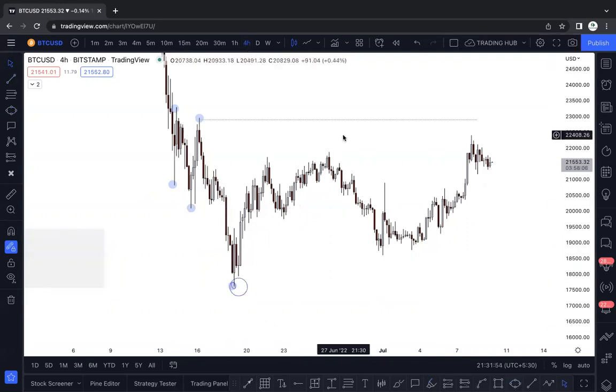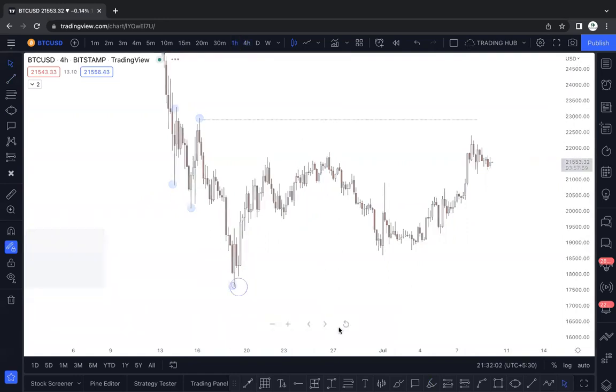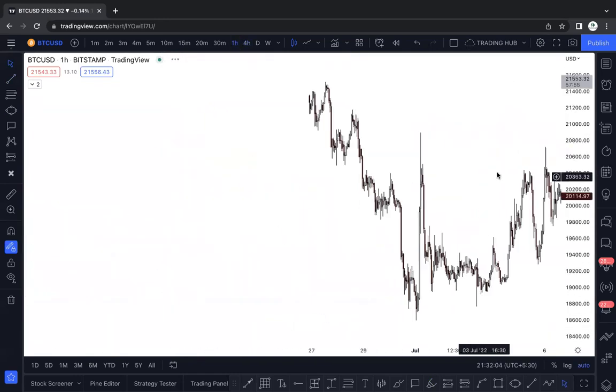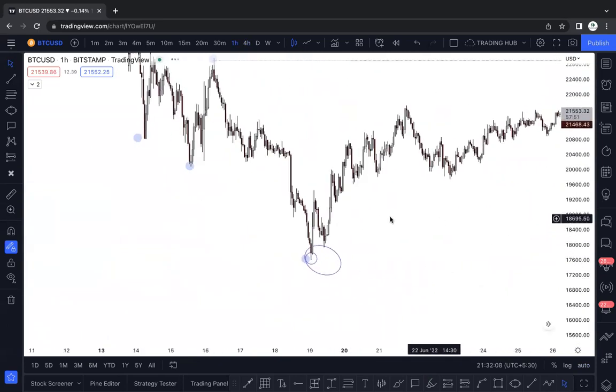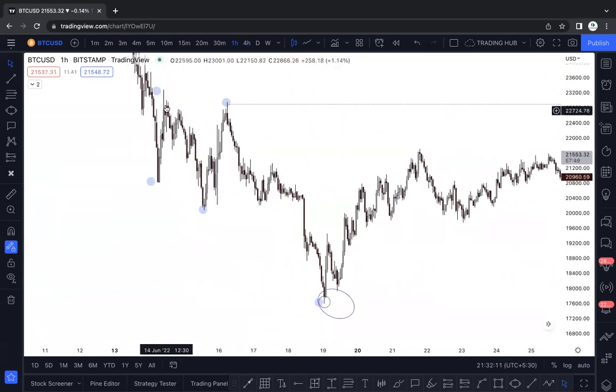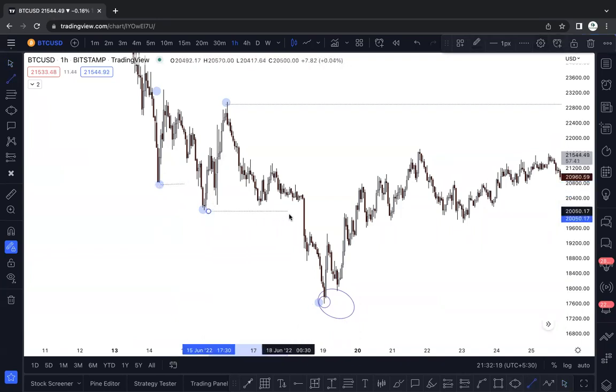But the same thing, when you look at the 1 hour, correct? Then you can see a different story. Let me show you. Now look at the left side in the 1 hour. In the 1 hour structure, this low is here and this one is broken, correct? And again, this one breaks, okay?